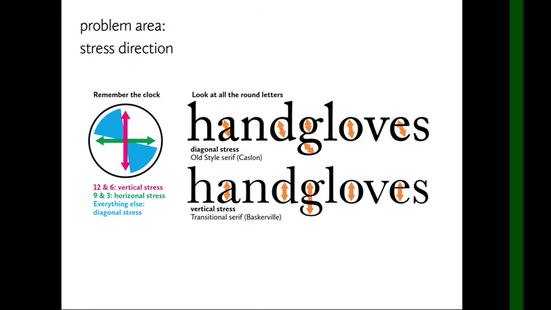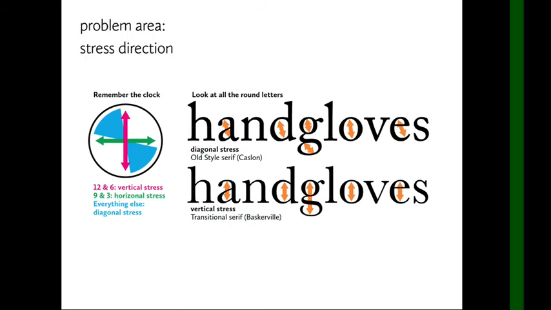And if you'll look at our two handgloves on the right, where I have indicated the stress direction with the orange arrows, you'll notice on our top example, our old style serif, Caslon, the stress isn't always at the same angle for every curved letter.